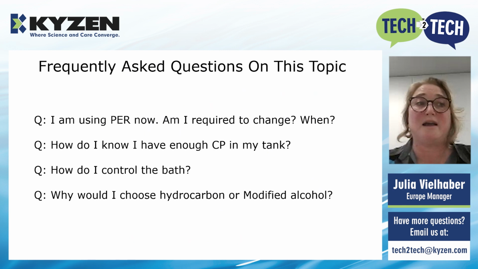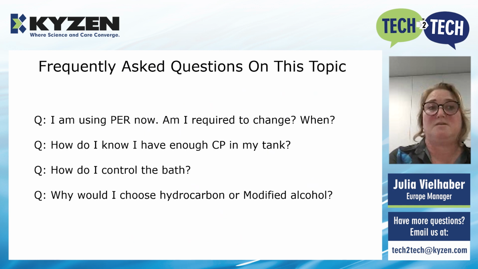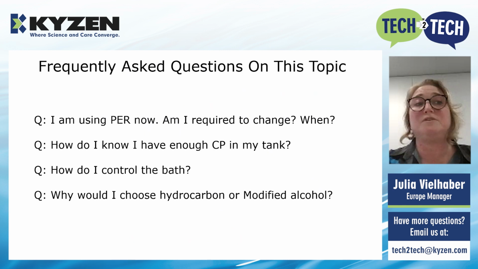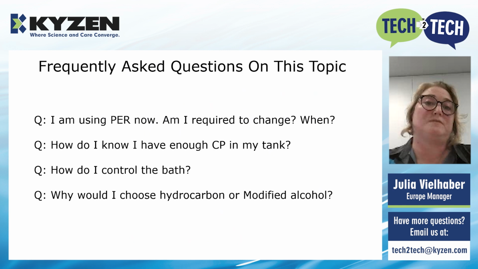Modified alcohols and hydrocarbons are volatile, and CP is not, so it's supposed to remain on the surface of your part. There are tools commercially available to measure this content.